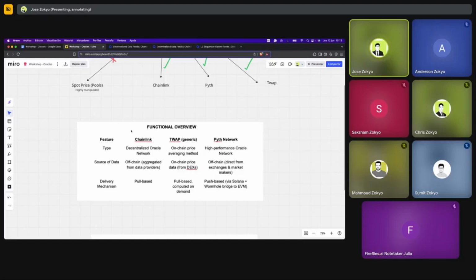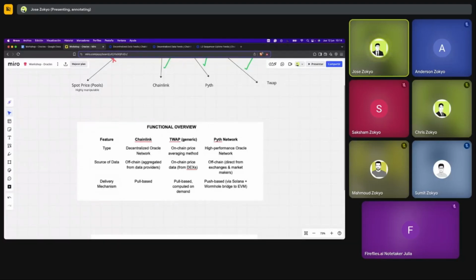Here we can check the type of each. Chainlink is a decentralized oracle network. That means that the resulting price, which is published to the price feeds, comes from several different decentralized sources. This means that manipulation is not easy, like it was with spot prices.